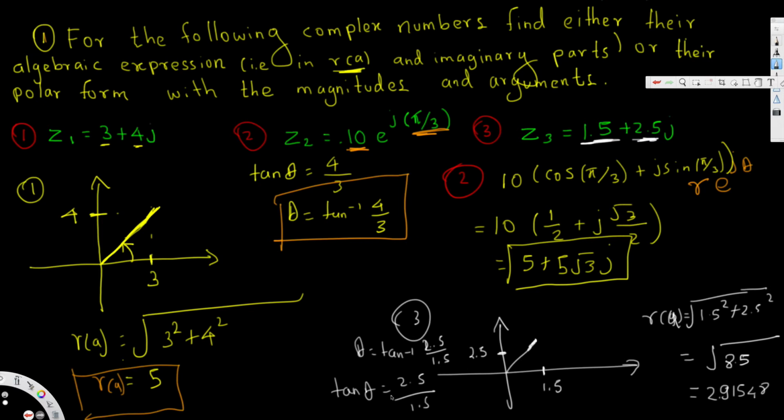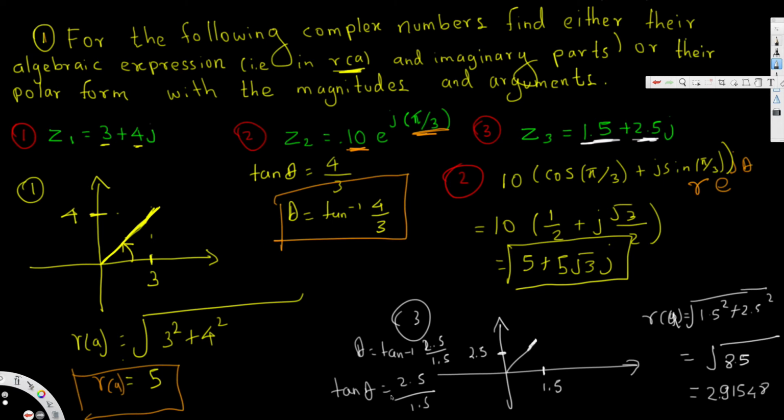Hey Siri, 2.5 divided by 1.5? 2.5 divided by 1.5 is about 1.6666. Hey Siri, tan inverse of 1.666. Okay, I found this on the web for tan inverse of 1.666.